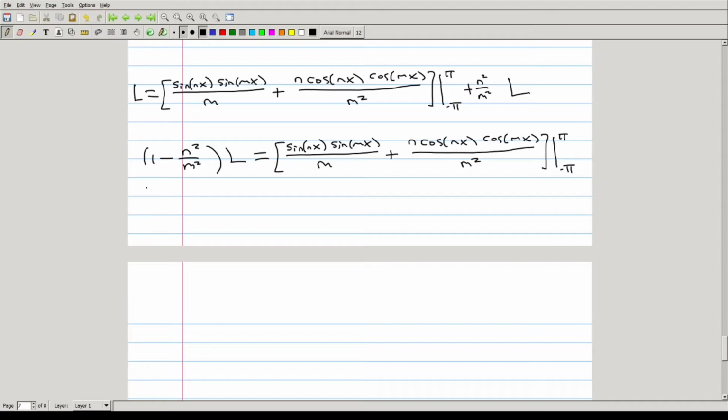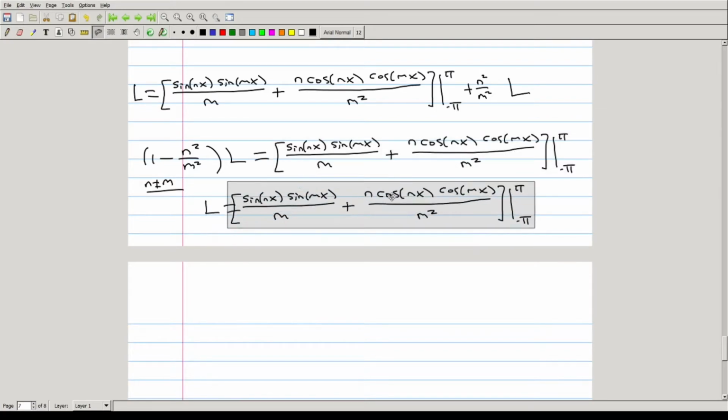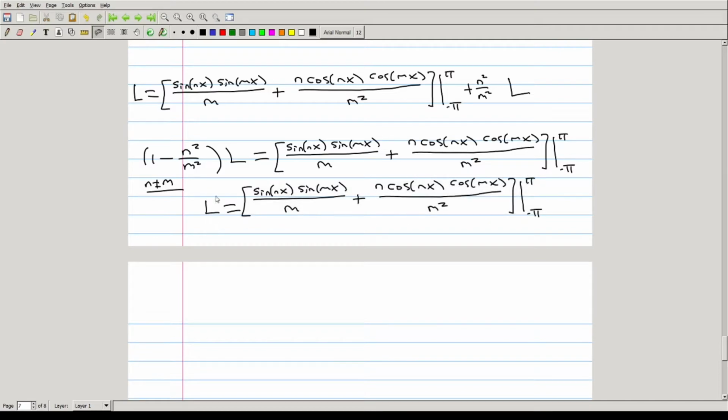Or if n is not equal to m, so this is not 0, and L is equal to this expression divided by one minus n squared over m squared.